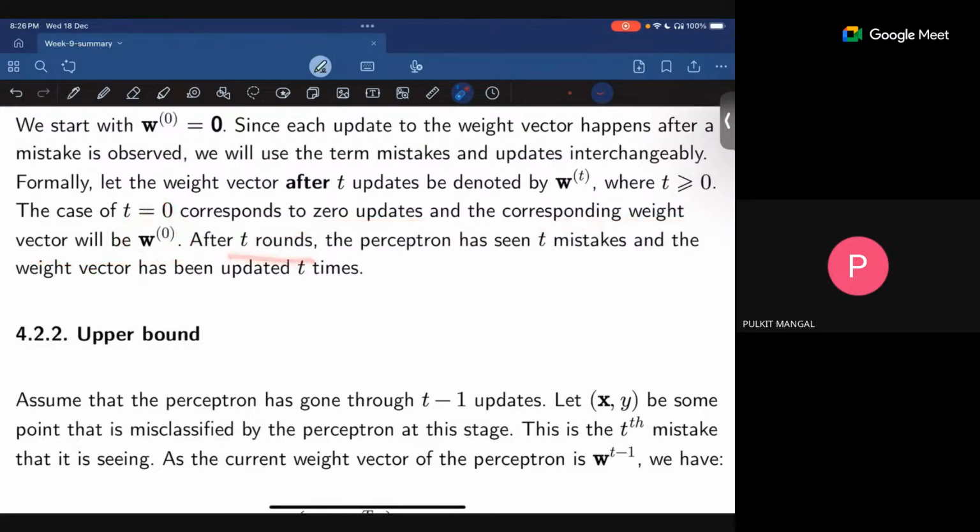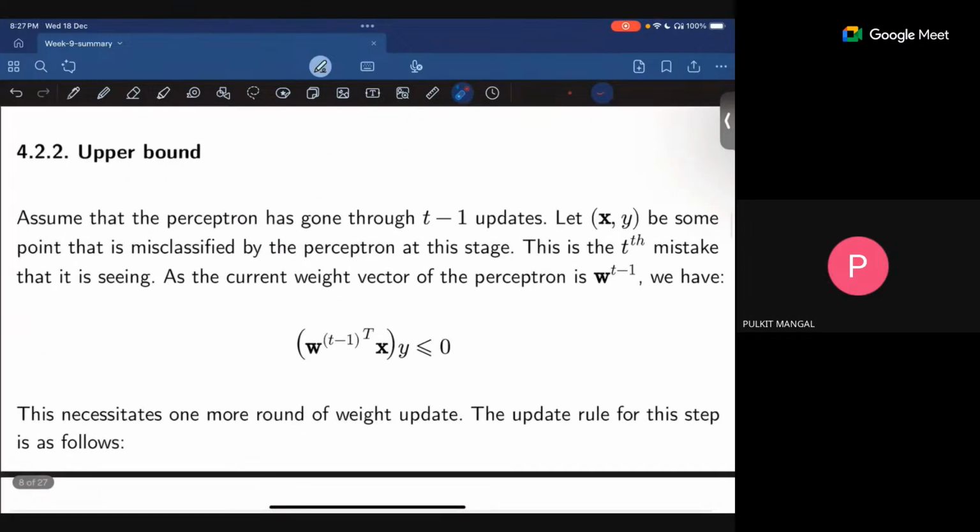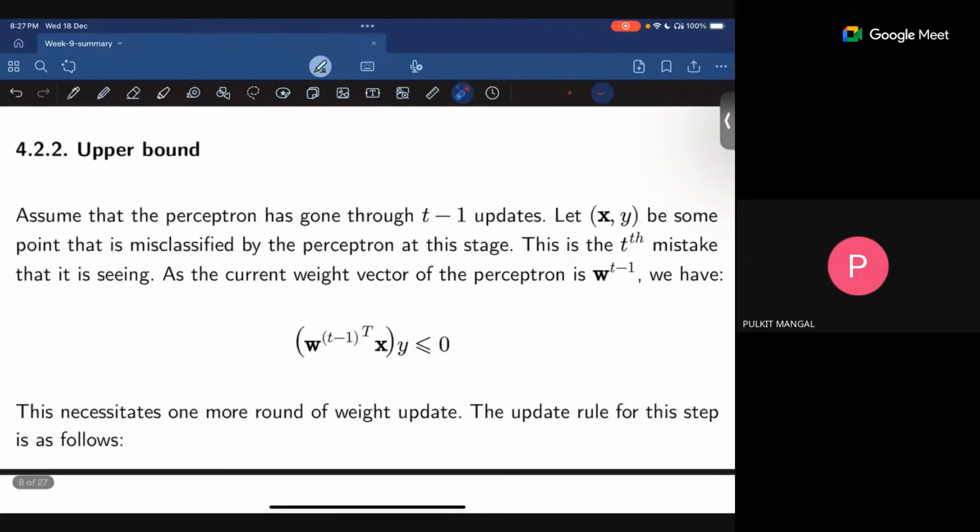After t rounds, the perceptron has seen t mistakes and the weight vector has been updated t times. So this is just a little bit about the notation we are using. So we will try to bound the mistakes.